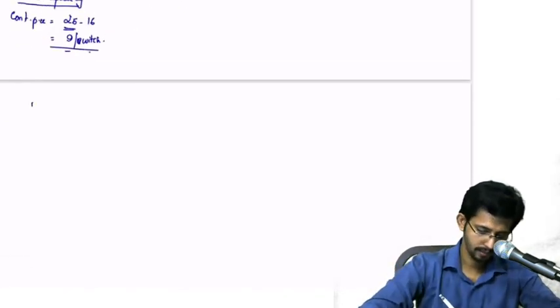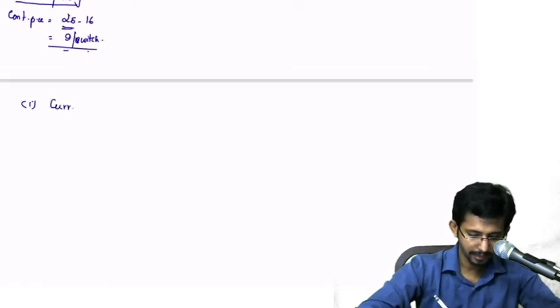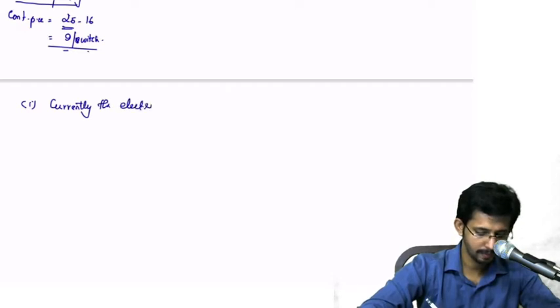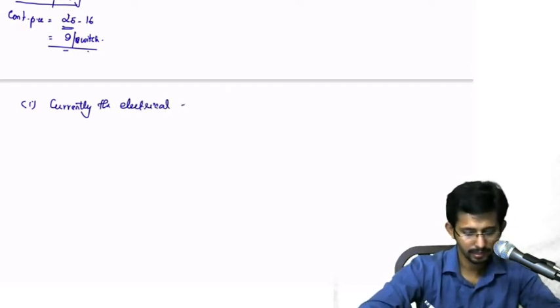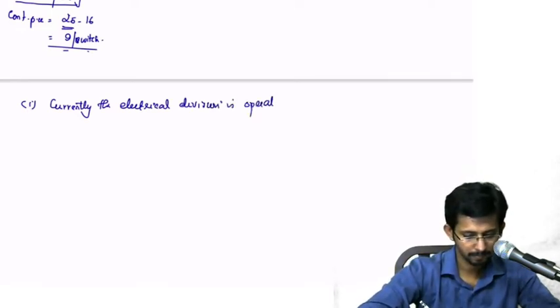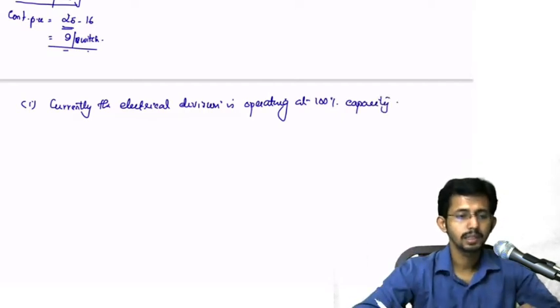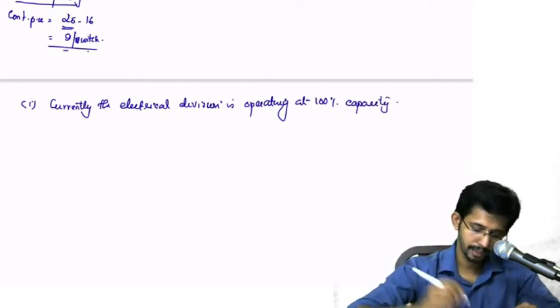1. Currently, the electrical division is operating at 100% capacity. Is it clear? Okay.